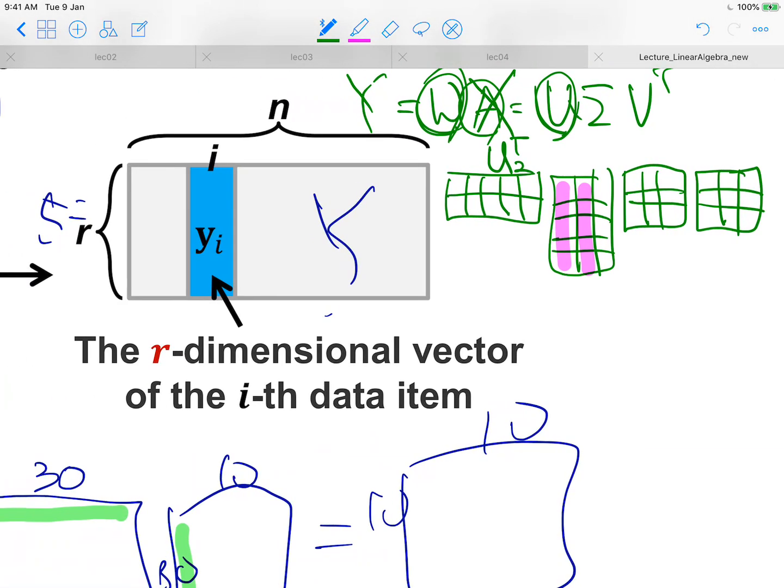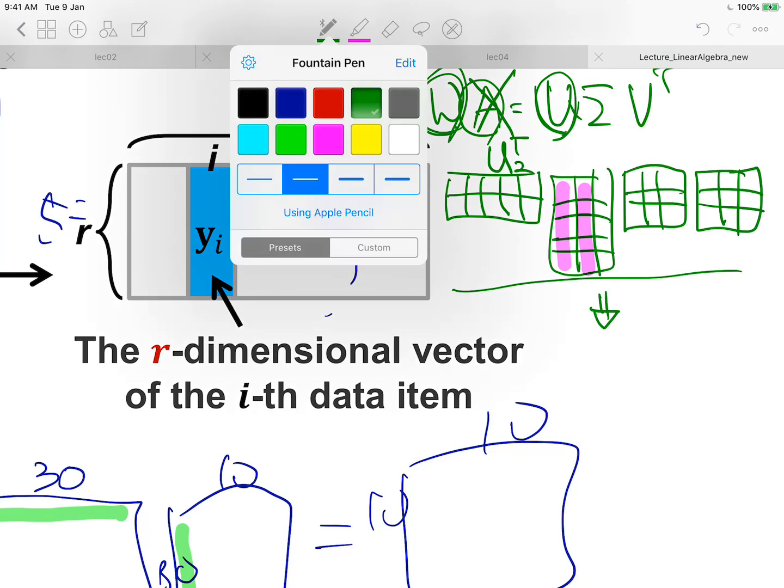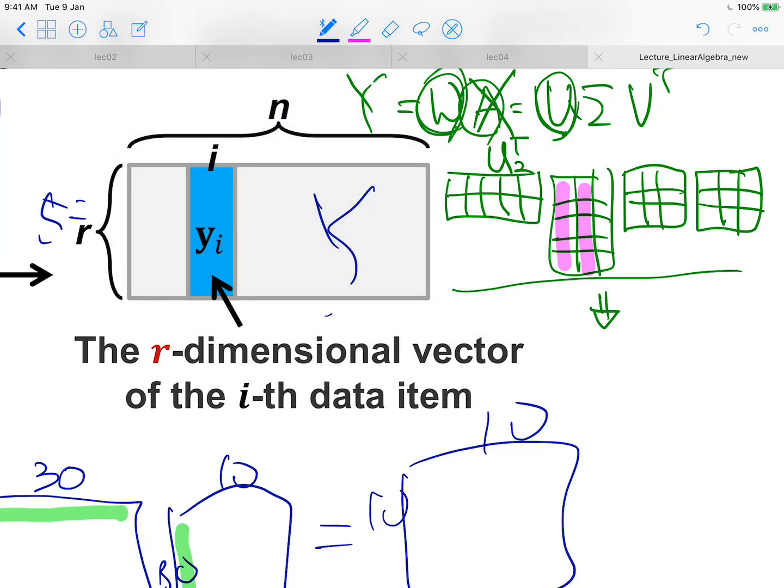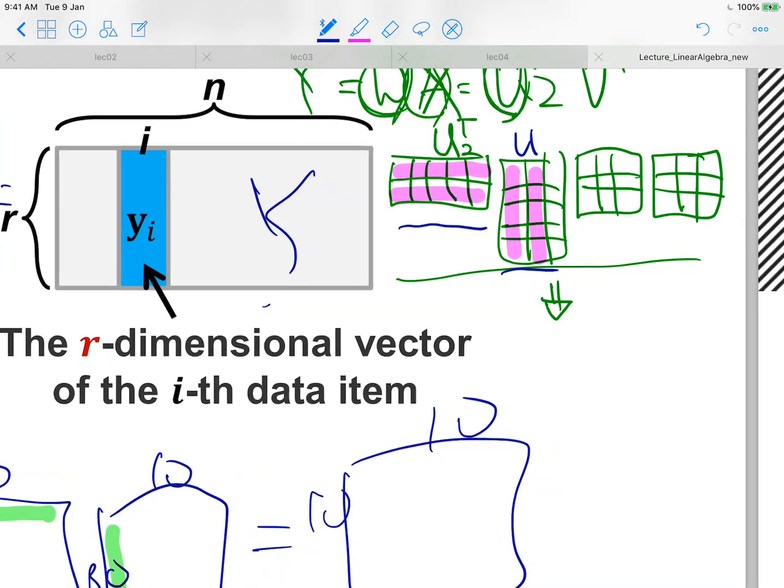Okay, and after multiplying this representation, what will be the two-dimensional representation after obtaining this dimension reduction result? In that case, let's just multiply this U2 transpose and the original matrix U. Okay.